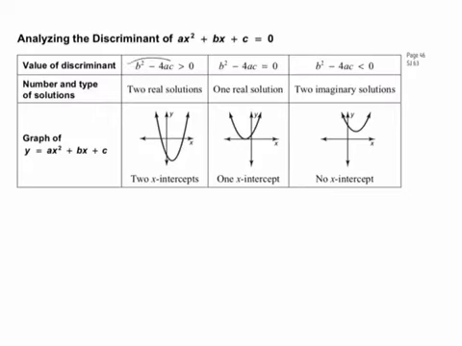Remember, if your discriminant value is greater than 0, that means it crosses the x-axis twice. You have two real solutions, and I even went a little deeper into that. If it's greater than 0 and a perfect square, so you get 25 when you do b squared minus 4ac, then you're actually going to have two real rational solutions, which means your answers will look like, I'll go over here and put rational.